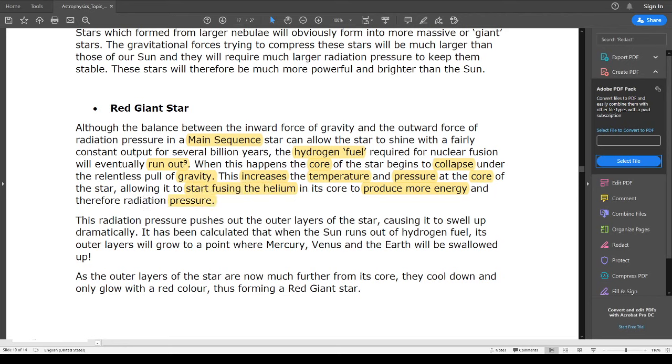The star now produces more energy because it is now fusing helium. Previously, when it was a main sequence star, it was fusing hydrogen, but now it is fusing helium. So obviously, the nuclear fusion of helium releases much more energy than the nuclear fusion of hydrogen, correct?